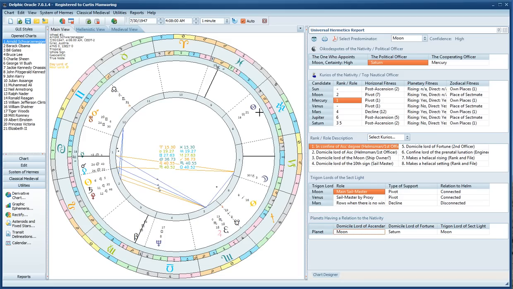Just like in the last example of chart, George W. Bush, who got fortune here in Aquarius, and the 10th from fortune being Scorpio. So the domicile Lord of Spirit here is in Sagittarius, so Jupiter, not only is it in the 10th from fortune, but it's conjunct a lot of exaltation to the degree. So we have here an indication not just of a large nativity, but an exceptionally large one.